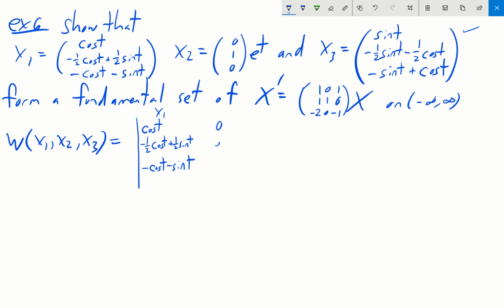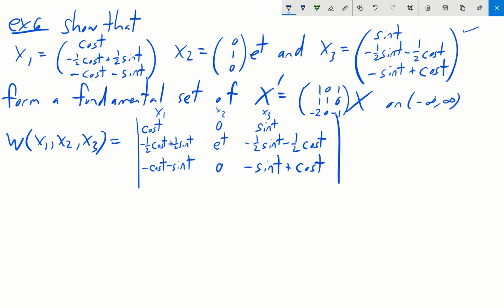So we get 0, e to the t, and then 0. And then our last column is x3, which is sine t, negative 1/2 sine t minus 1/2 cosine t, and then negative sine t plus cosine t.